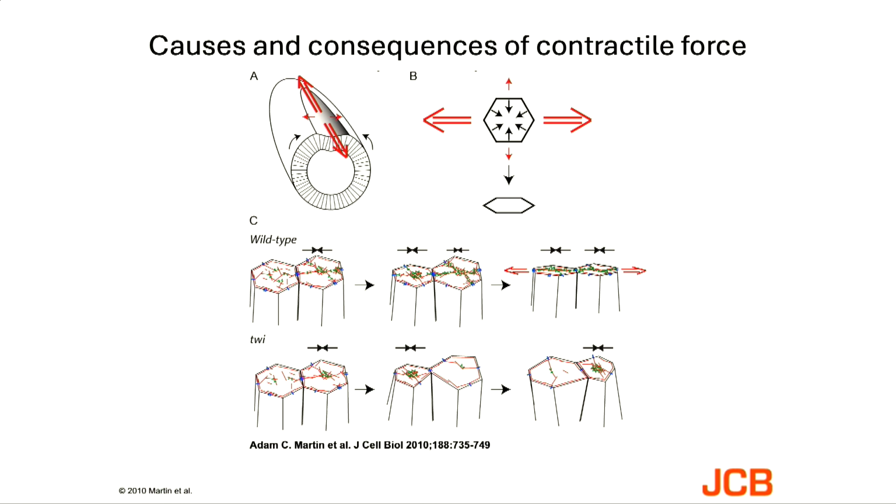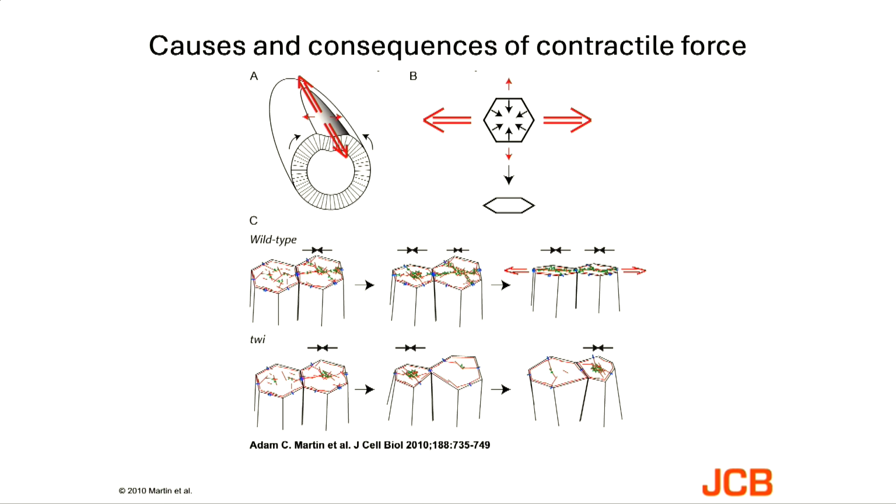And this occurs in myosin pulses, right, in constriction pulses, where the pulses are leading to a constriction of the membrane and a stabilization of that area. And the constriction is regulated by snail, whereas the stabilization of the constriction pulses is regulated by twist.